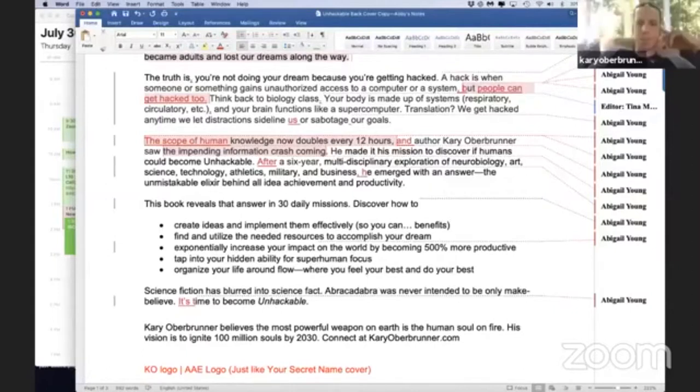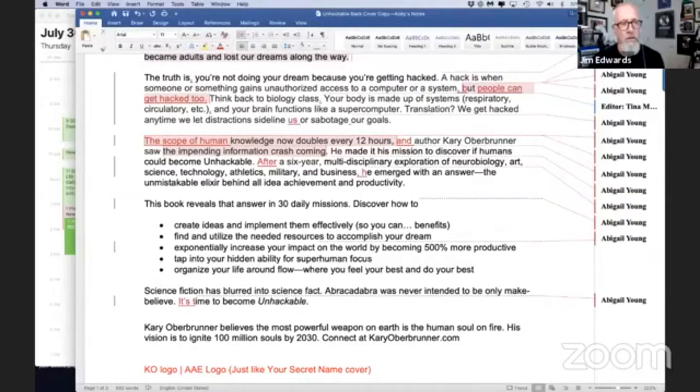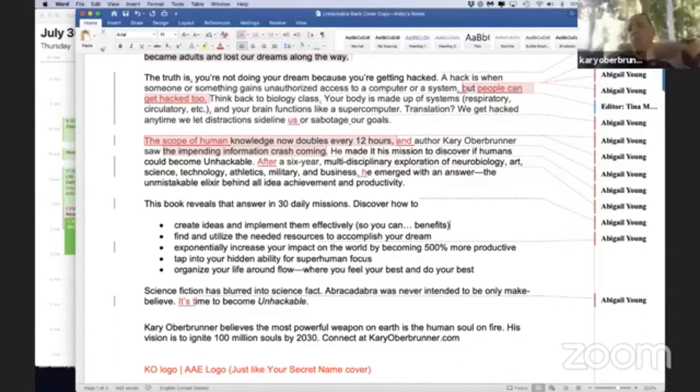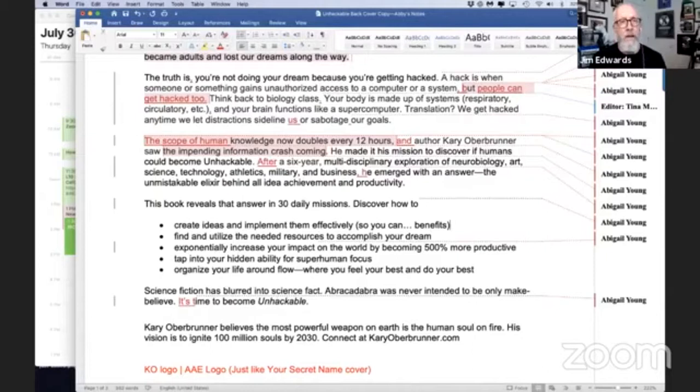Okay. Exponentially increase your impact on the world by becoming 500% more productive. That doesn't mean anything. I mean, you're trying to, but what does 500% more productive mean? Why would I want to become 500% more effective? In a fast-paced world, so you can enjoy freedom, time with your family.